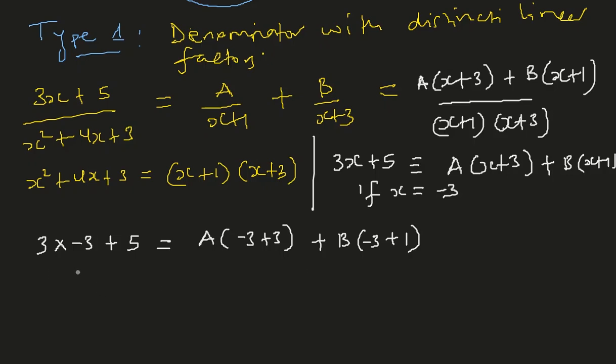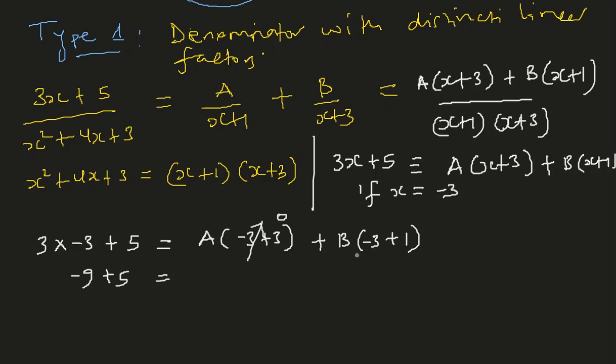If we simplify, this will be -9 plus 5. -3 plus 3 is a 0, so this disappears. This goes to 0, so we don't need it.